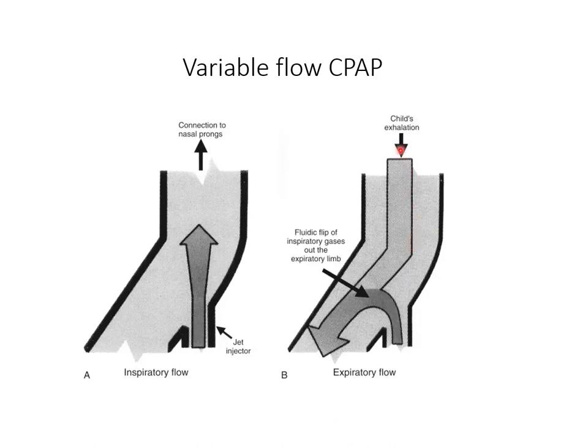Whereas during exhalation, because you don't want so much pressure going in, there is a fluidic flip. The inspiratory gases flip into the expiratory limb of the interface. So this is how variable flow works. The flow changes in both inspiration and expiration.